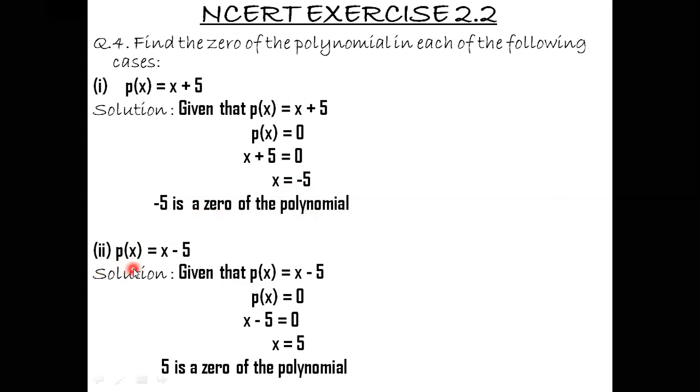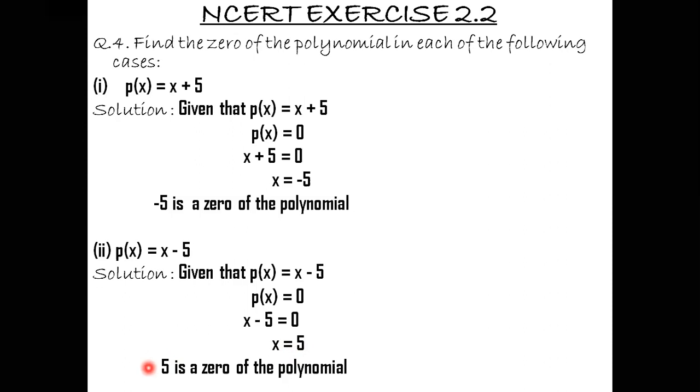Let us solve the second one, wherein it is given P of x is equal to x minus 5. So we'll do the same way, that P of x is equal to 0, but then P of x is replaced by x minus 5. So x minus 5 is equal to 0. So when you solve this, minus 5 goes to the other side, it becomes x is equal to 5.